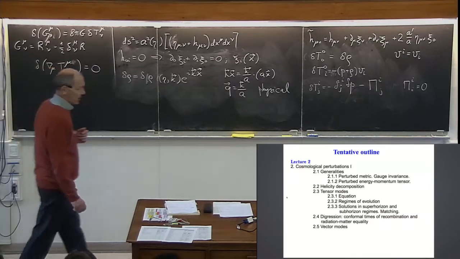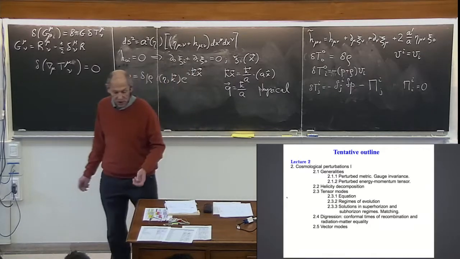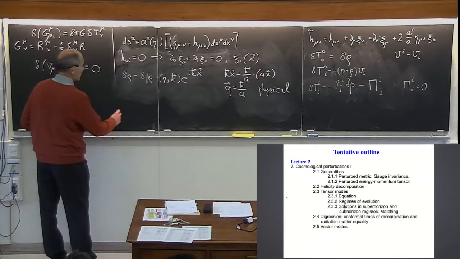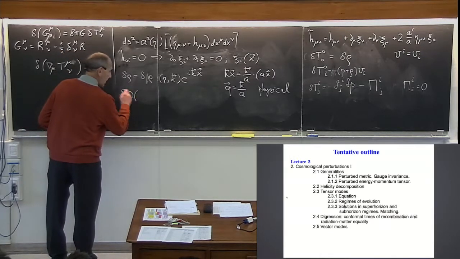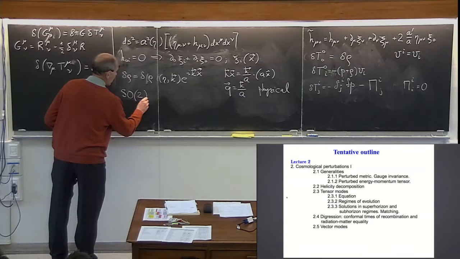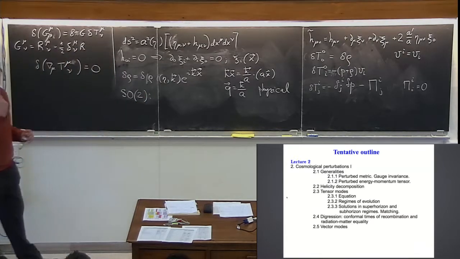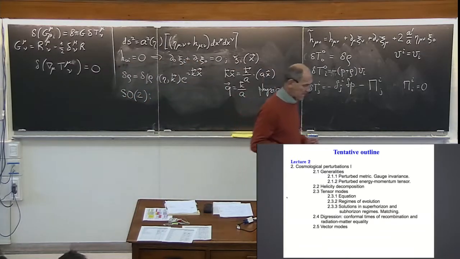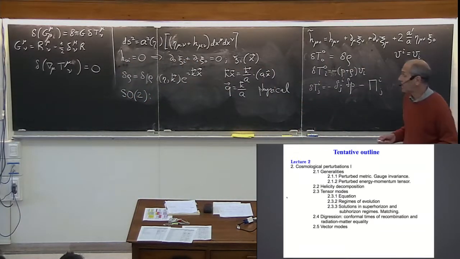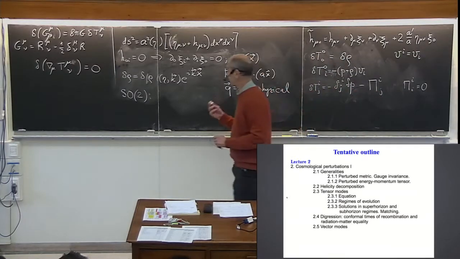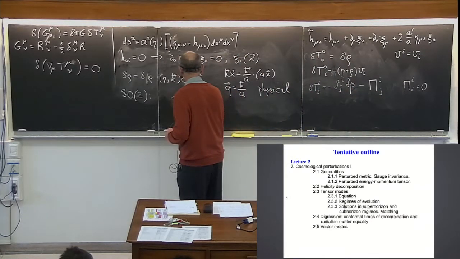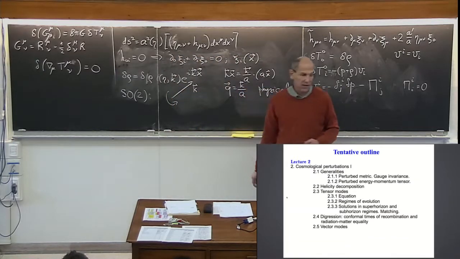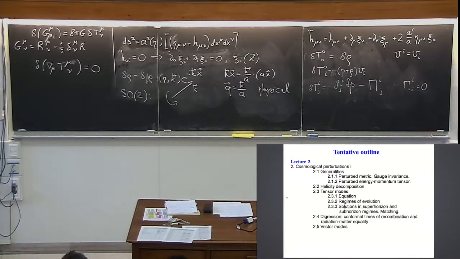However, there remains unbroken a subgroup of SO3, which is SO2, which are rotations around this momentum, right? Little group. So we have remaining SO2 rotations around the momentum. So if here is my momentum k, then my SO2 rotates every quantity around this momentum, okay?